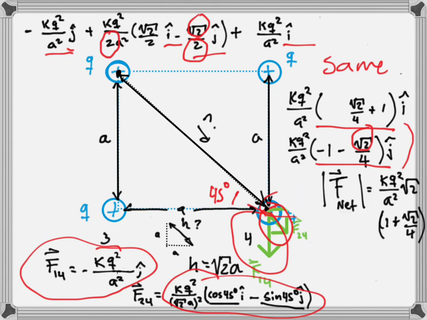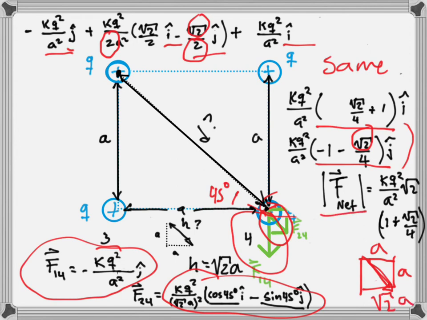Well, the magnitude is going to be q squared divided by a squared times the square root of 2. Why the square root of 2? We already talked about this. The x component is a number, and the y component is the same number. So how long is the hypotenuse? In a right angle triangle with sides a and a, the hypotenuse is the square root of 2 times the length of a side.